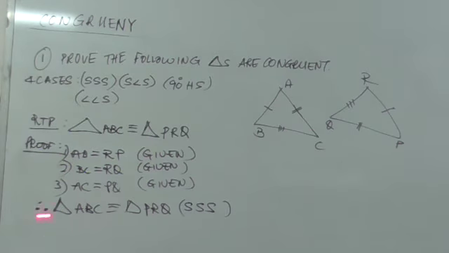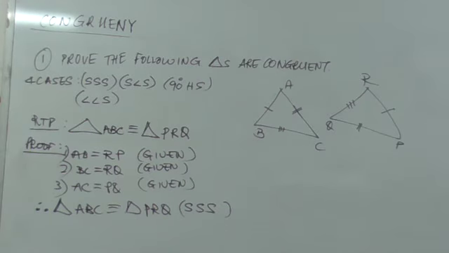That proof is done. Now when you finish the proof, I am teaching you to do what is called deductions. If two triangles are congruent, then you can write down your deductions thereafter.